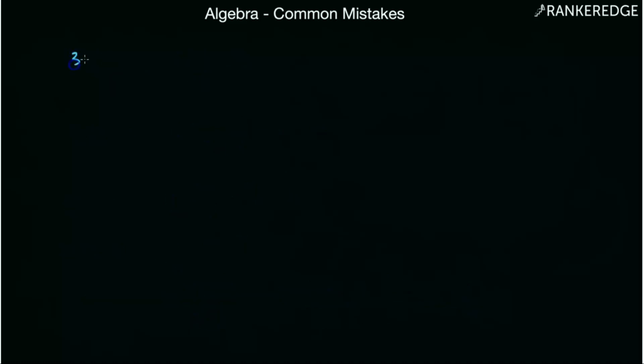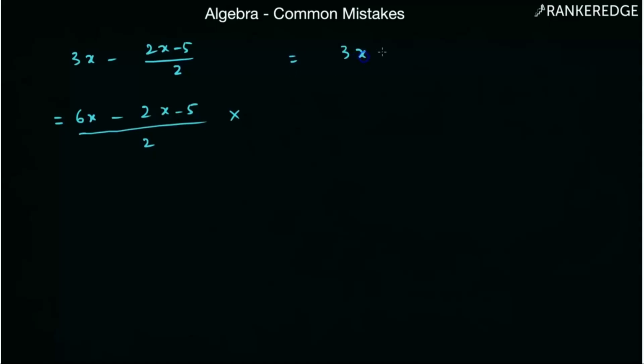Next one, 3x minus 2x minus 5 by 2. Can I write this as equal to 6x minus 2x minus 5 by 2? This is wrong. This is equal to 3x into 2 minus, because there is a minus symbol, you have to implicitly assume there are brackets around this expression and apply minus to all the terms inside the brackets.